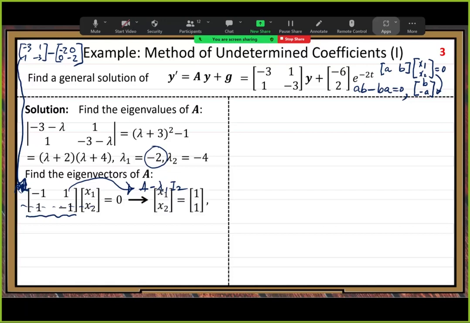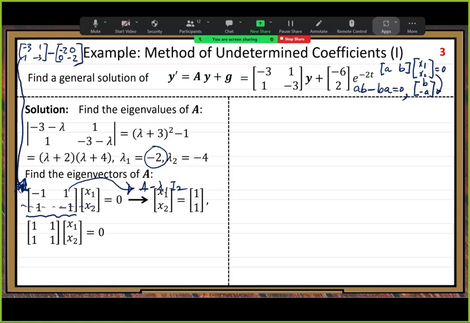Second one, same. So we get a solution. Second one, same situation. The two row vectors are linearly dependent. Basically, they are the same. So now you have no problem seeing the redundancy, right? The second one just repeats the first one. It's redundant. So you only need to find x1, x2 that satisfy the first equation.